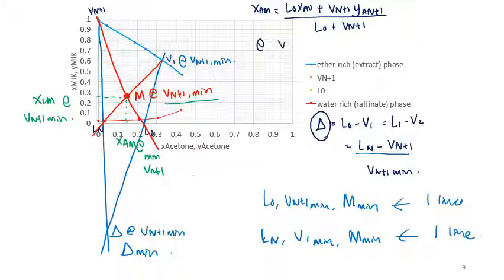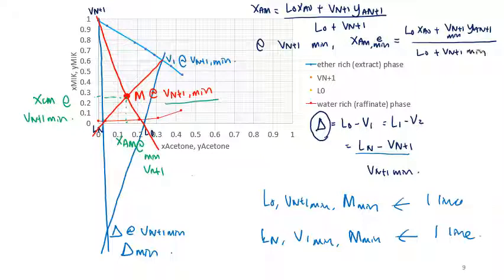So at V_{N+1} minimum, X_AM minimum is equal to (L0 X_A0 + V_{N+1} Y_A,N+1), this one is minimum, over (L0 + V_{N+1} minimum). But if we are using pure solvent, then Y_A,N+1 will just be equal to 0.